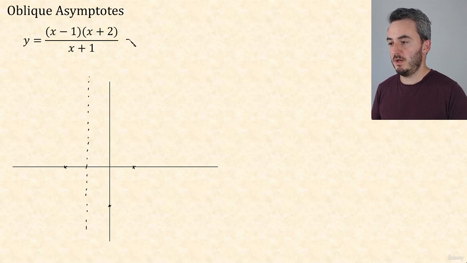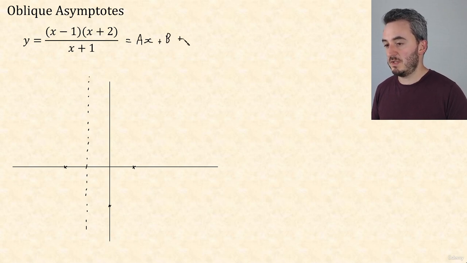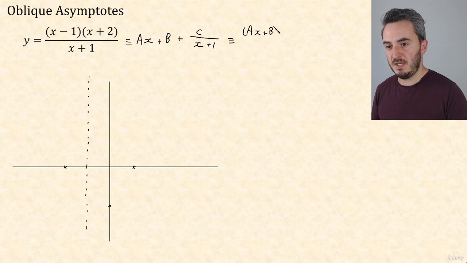So let's find the equation of this oblique asymptote. It's a quadratic over a linear, so I can write this in exactly the same form as the previous example: some amount of x plus some constant plus something over x plus 1. Let's add these together using algebraic fraction techniques. Give it all a common denominator, (ax plus b) times (x plus 1), plus c, all over x plus 1.